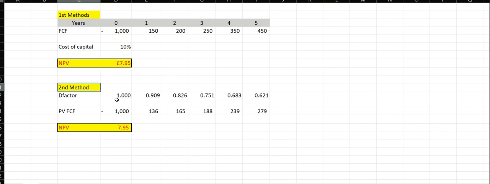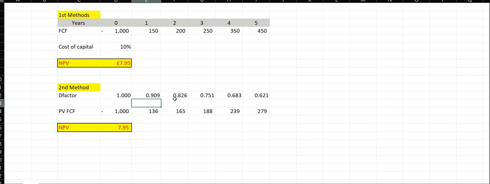In the second method, what we did, we calculated the discounting factors for each year by using the cost of capital. So every year what you need to do is 1 divided by 1 plus the cost of capital rate, to the power 1. Since this is in year 1, we took the power 1.